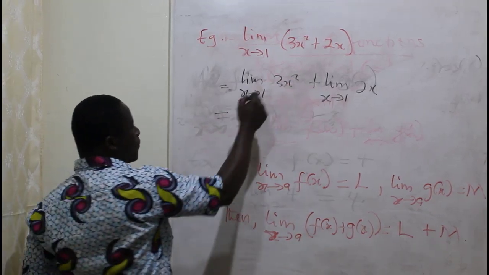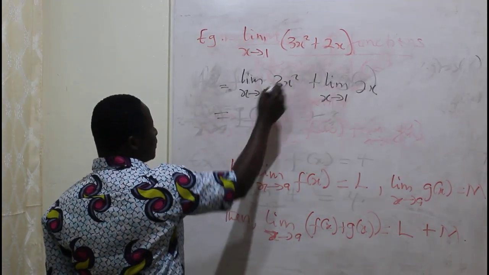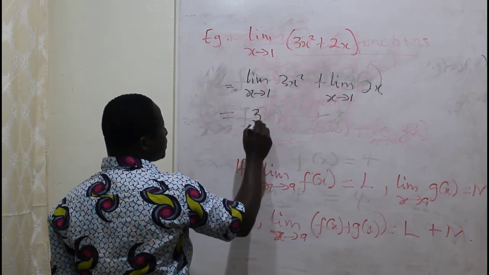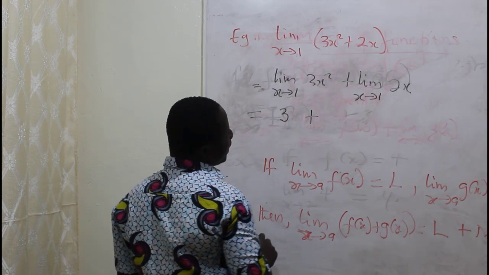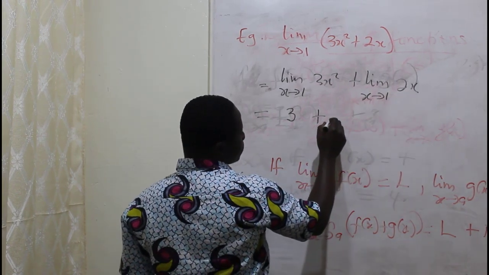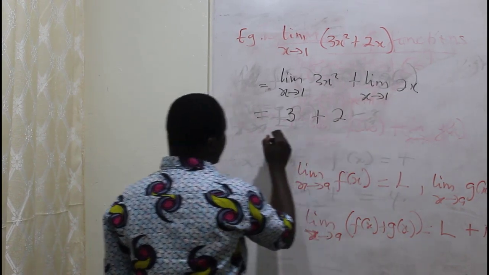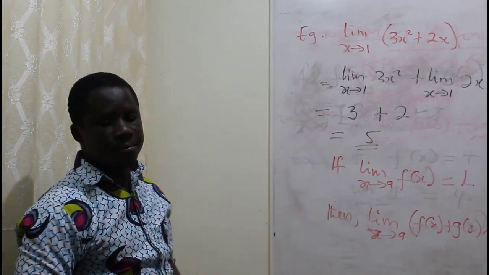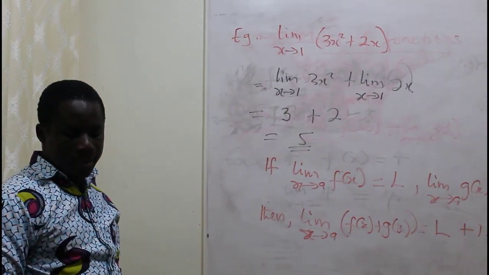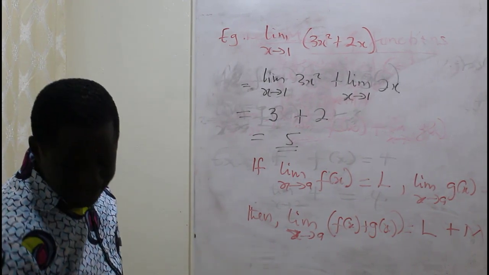So as x approaches 1, the first function approaches 3, and as x approaches 1, the 2x also approaches 2, and the answer is 5. Good.